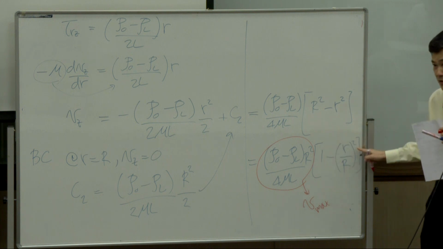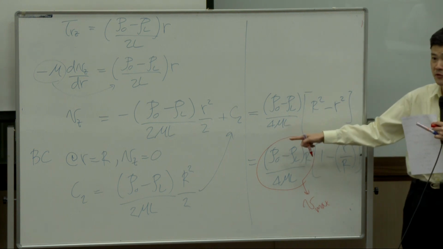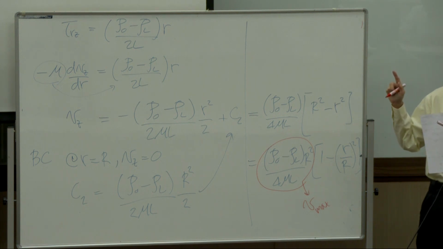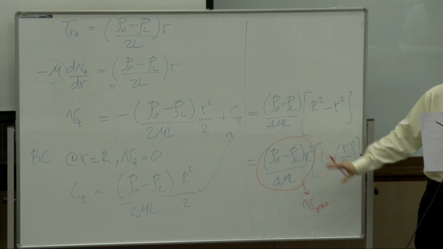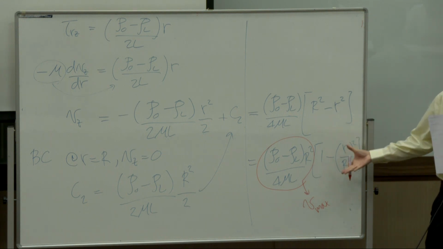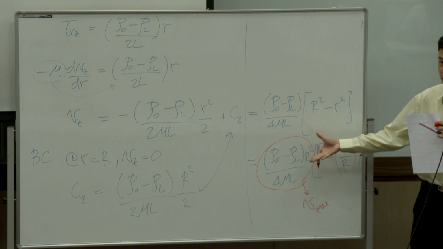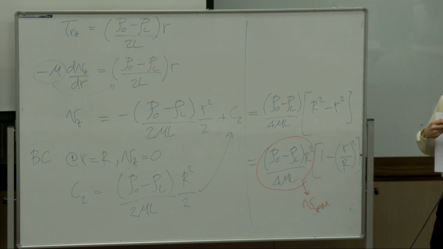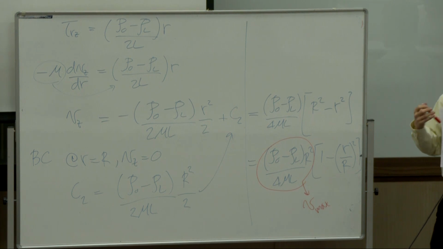This will be 0. Then Vz equals 0 at the wall, according to what we defined earlier. So the equation seems to be correct. So whenever you end up with an equation, please check that it follows your boundary condition. Any question?